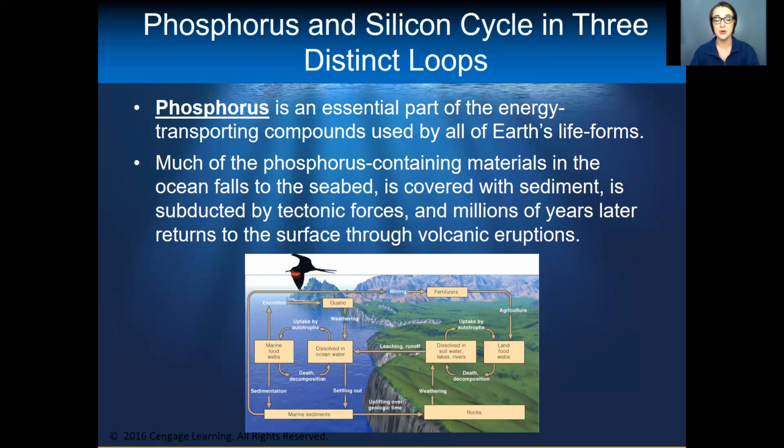Now, phosphorus and silicon, again, these are some of the smaller cycles that you're probably not as familiar with from biology, just because they tend to be a little more significant to very specific parts of life, so they're not as thoroughly covered. So phosphorus is going to be an essential part of the energy transporting compounds used by our life forms.